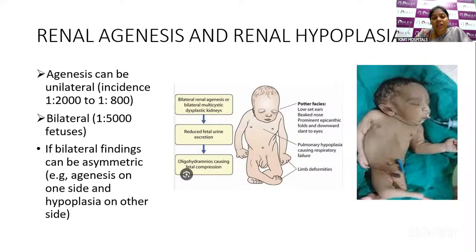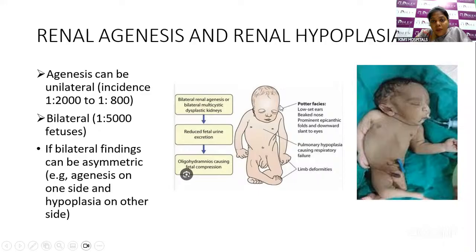So if it occurs bilaterally, the child has in utero renal failure, and these children end up in severe renal insufficiency and do not progress to term. So if bilateral, we see that there is renal insufficiency, we see what is called Potter's sequence.